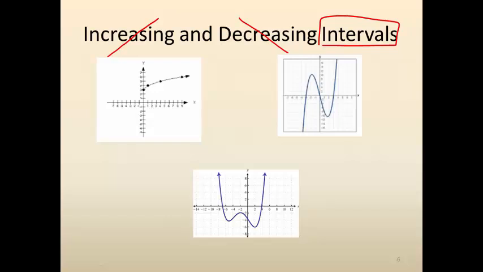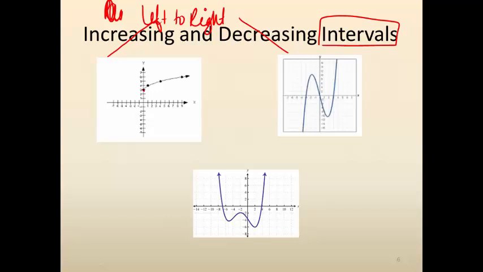And I am using the word slope very loosely. I'm not talking about a slope of a line necessarily. I'm talking about, is this increasing over time? As in, is it getting higher? And we are always moving from left to right, like you're reading a book.